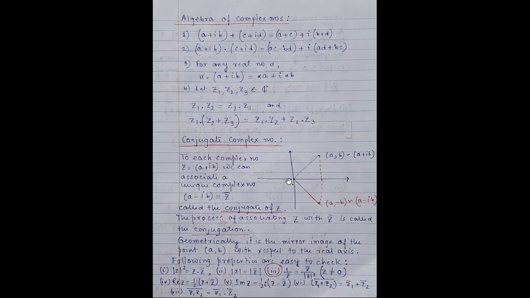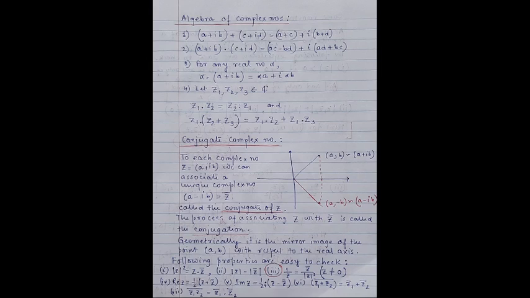That means if you set up a mirror along the x-axis, and you see the image of (a, b) in that mirror, then the image will be at the same distance from the mirror. So this point will be the conjugate of the complex number a plus ib.